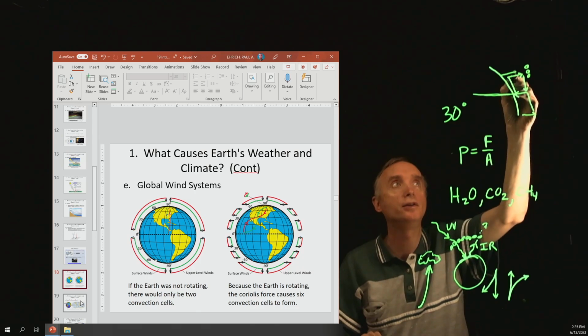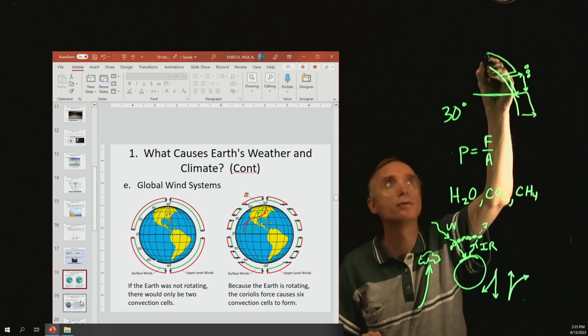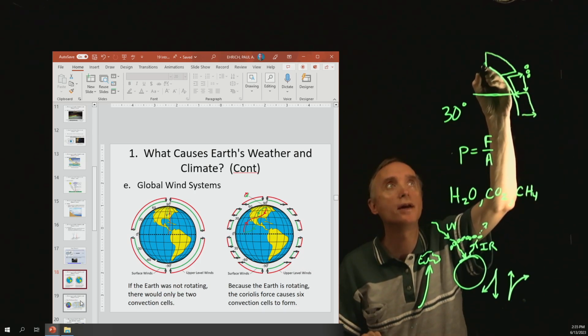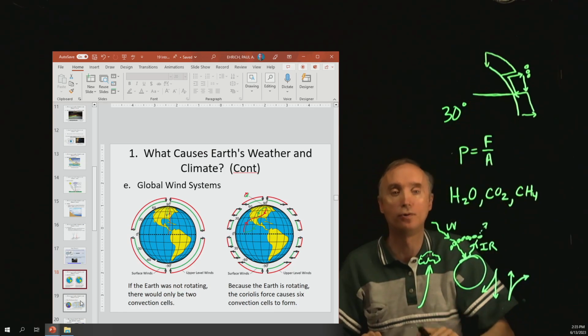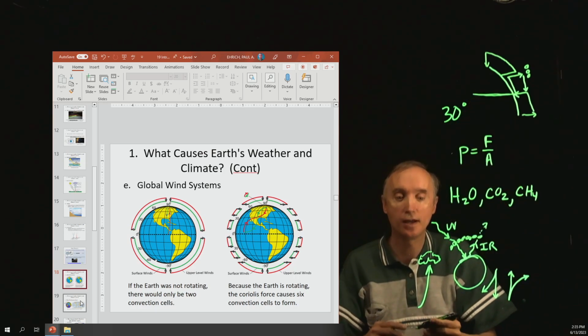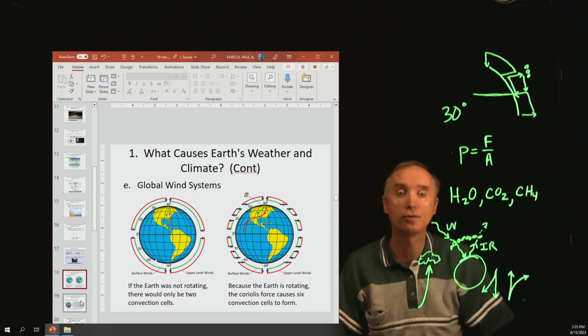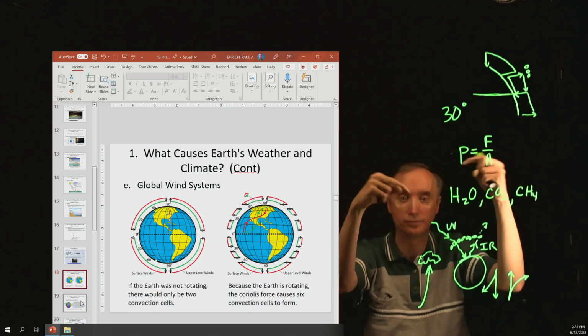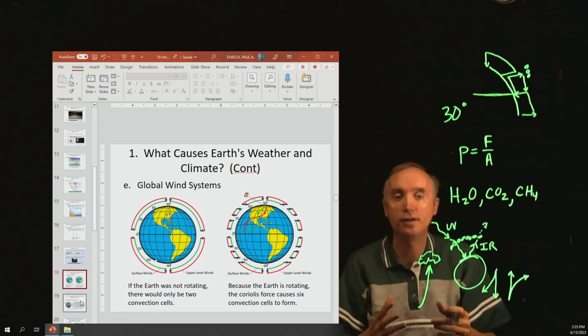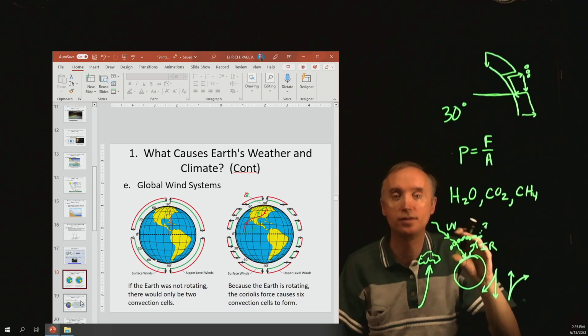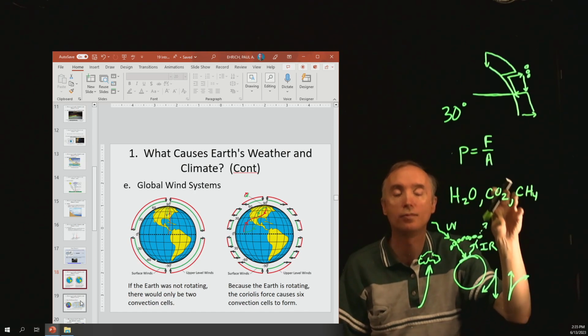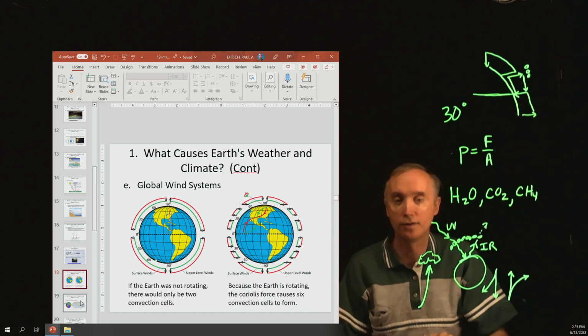And then finally you have one more that goes up here to the top, and then it comes back down at the North Pole. And so technically the North Pole is a desert. It doesn't snow very much at the North Pole because it's a high pressure system. So the point is that this dictates where it rains and where it doesn't rain on the surface of the Earth, is these convection cells.